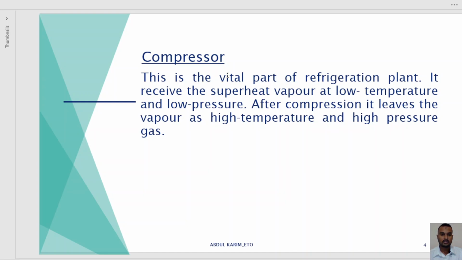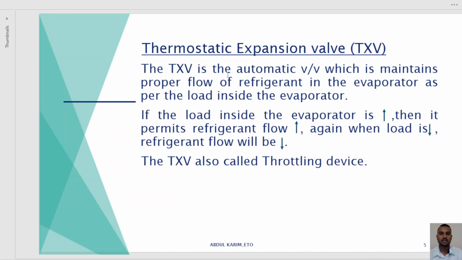Okay. Next is the thermostatic expansion valve. There are several types of expansion valves, and from them the thermal expansion valve is mainly used in the ship refrigeration system. Actually, it does two important jobs. First, it expands the refrigerant so that the temperature and the pressure of the refrigerant get reduced.